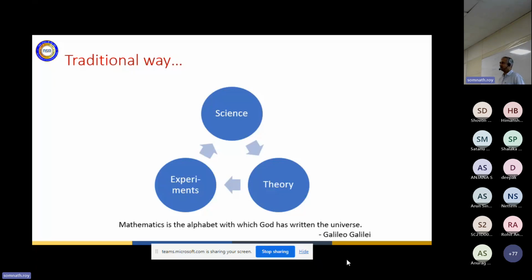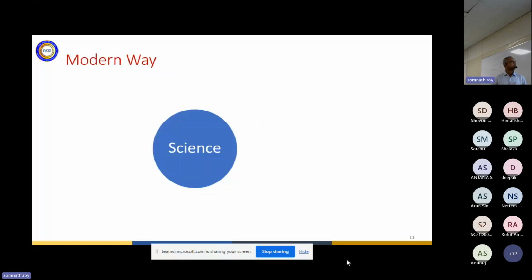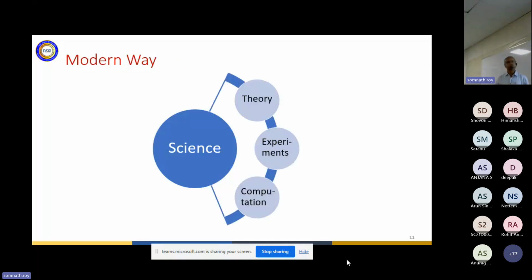Hence, the modern way is to do theory and experiments, but not stop there. Use computation. Before going to the experiments, which are purely in the wet lab or through physics or chemical reactions or whatever, you have the advantage of doing something with computers, which means you can design algorithms that can run on computers.